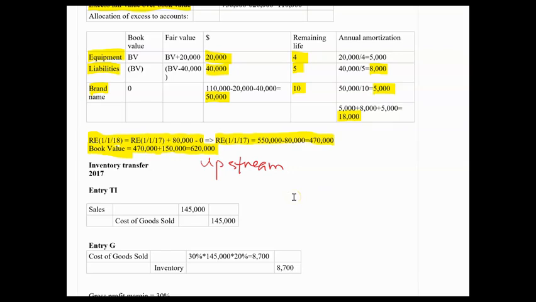In 2017, let's just prepare the entries for 2017, and it's going to give us numbers we need for 2018. In 2017, we prepared entry TI. We use this entry to eliminate the inter-entity sales, so debit sales and credit cost of goods sold, $45,000.